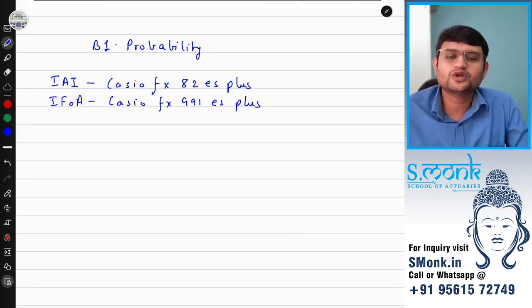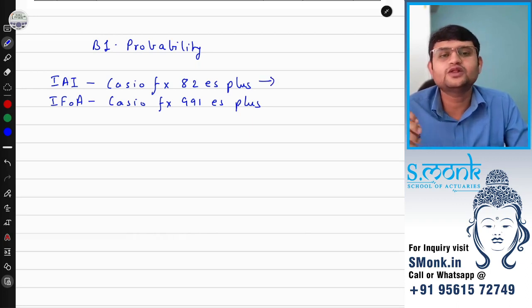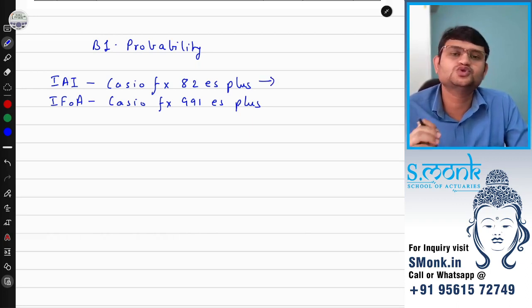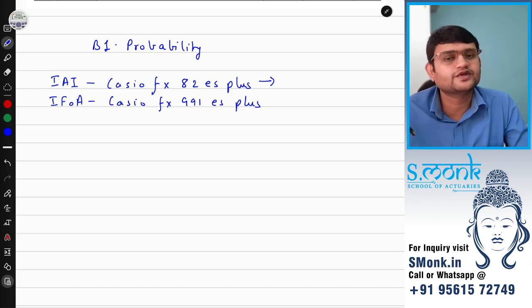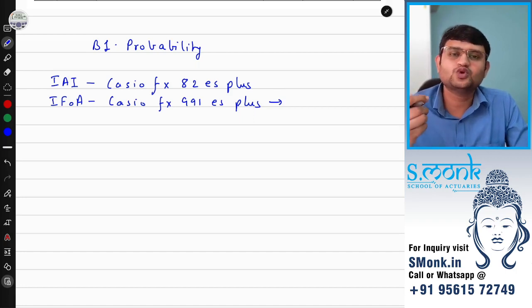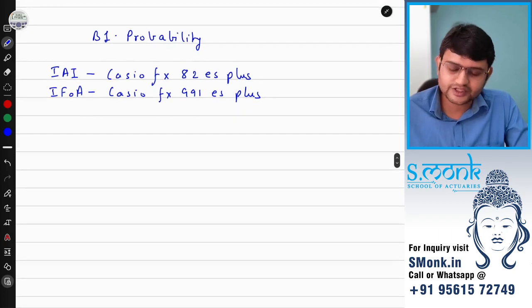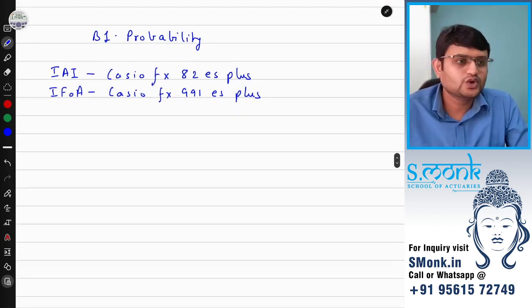That does not mean you cannot use the 82. Every calculation that we are supposed to do can be done with this 82ES Plus. But in the 991, there are a few things that we can do more. That's it. Okay. So these are the calculators that you are going to use.